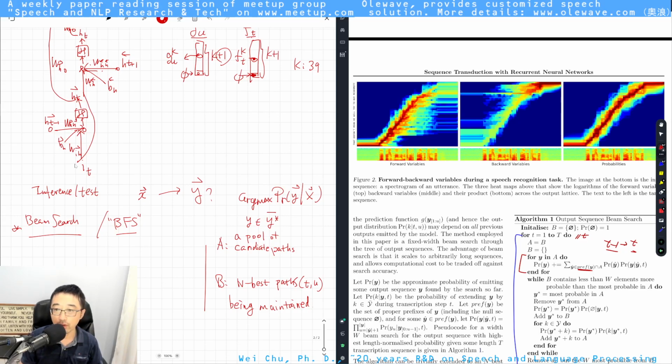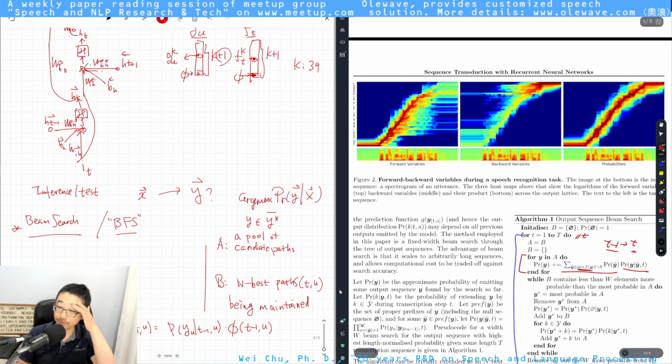Remember the forward algorithm? So the probability of y u at t u is equivalent to the probability of y u at t minus 1 u, times this is phi, okay, empty, t minus 1 u, right? This is exactly what he's talking about over here. Let me tell you, this is exactly what he's talking about here.